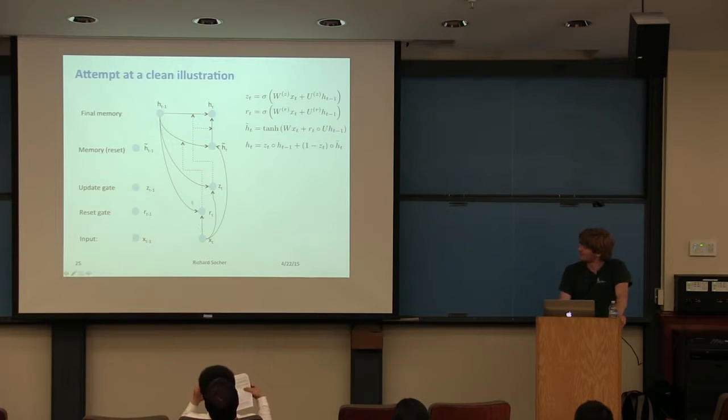So here we have our word vectors, and now we basically compute our two gates, the reset gate and the update gate. And now we look here at the memory that has been reset, and note how all these four don't depend on the previous time steps themselves, but only indirectly based on the final memory output.